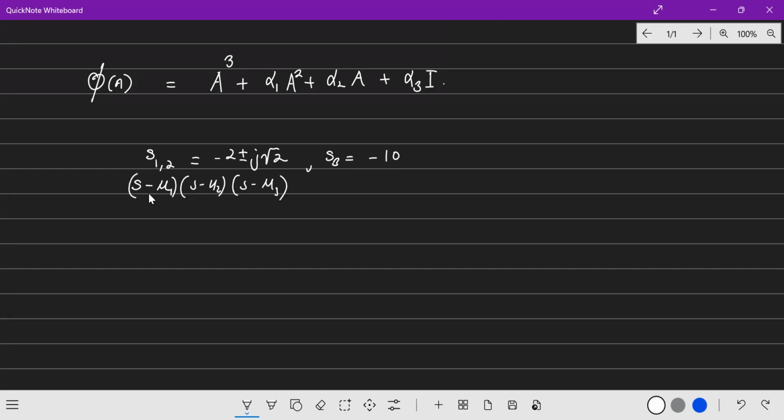So let us put where mu1, mu2, and mu3 are simply the poles that you have, and then expand, and then get the characteristic equation from there. So S minus mu1 will be negative 2 plus j root, right? So this will be plus 2 minus j root, right? Doesn't matter which one is mu1. And then S plus 2 plus j root, right?